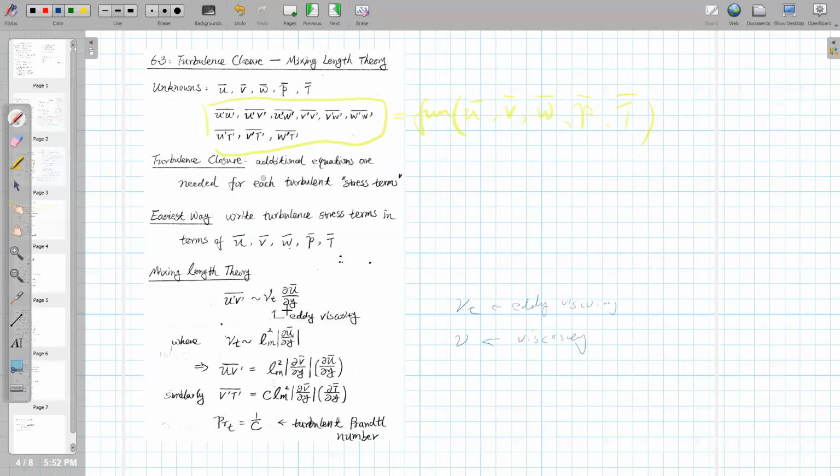If you look at this equation directly, it basically uses the same analogy, let me write it more clearly, the same analogy as transport laws.